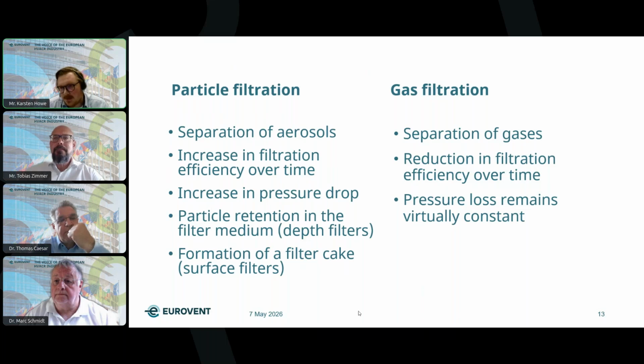So if the filter gets older, pressure drop is rising, and most of the time we have also a higher filtration efficiency. We have the particle retention in the filter medium. That is when we're talking about depth filtration, so it means the particles are inside the filter media. And we have a formation of a filter cake when we are talking about surface filters.